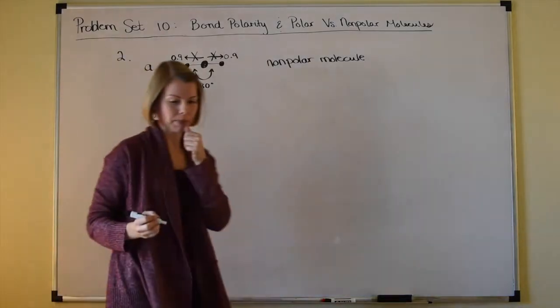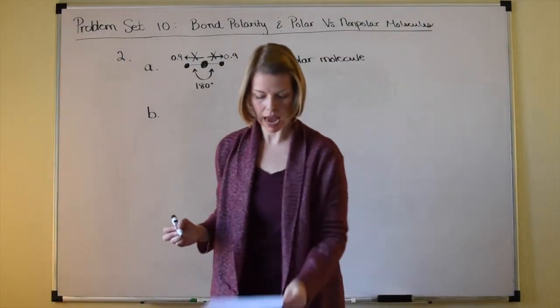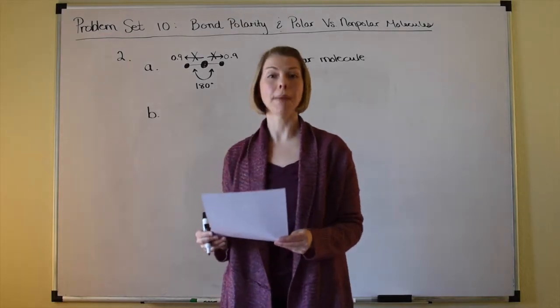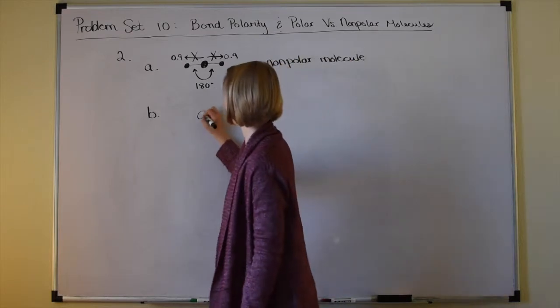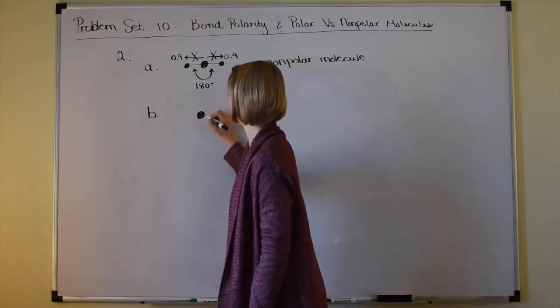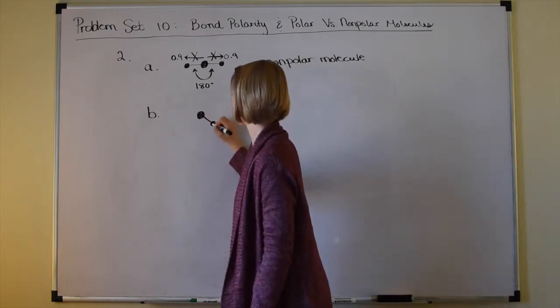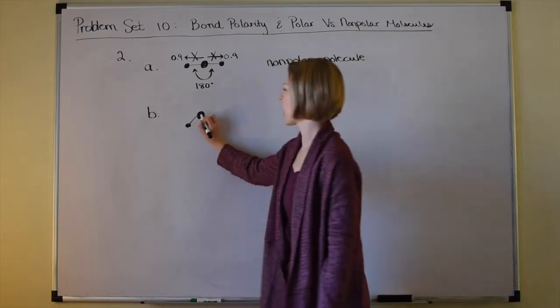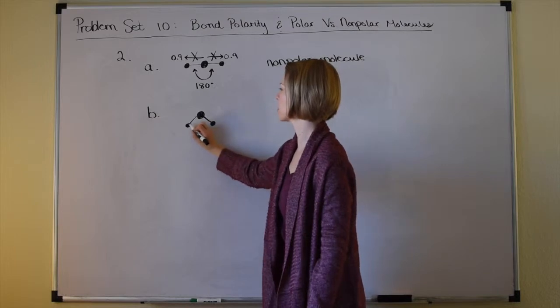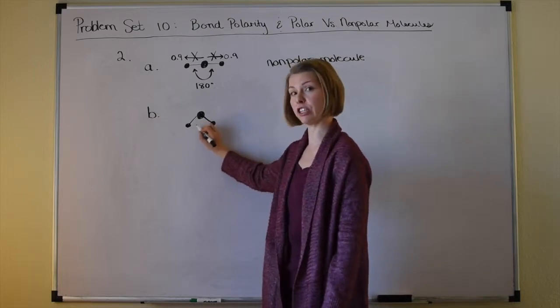All right, let's go on to B. A molecule with a bent molecular geometry. So now we're talking about a molecule where the central atom is bound to 2 other atoms, but they're not 180 degrees apart.